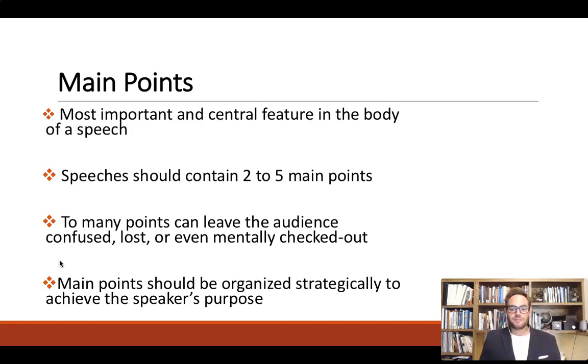Sometimes as speakers, we even get lost in our presentations if we have too many main points, or the audience just gets tired of keeping track of our main points and they just mentally check out. So really, a good speech should contain 2 to 5 main points.